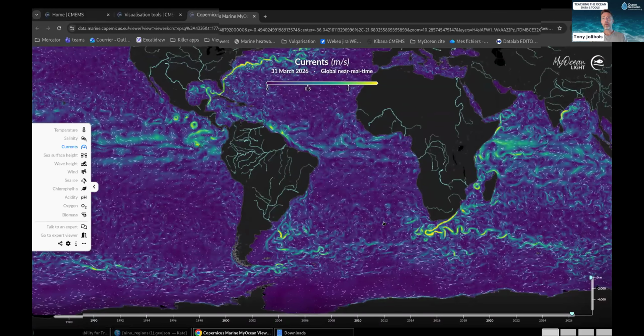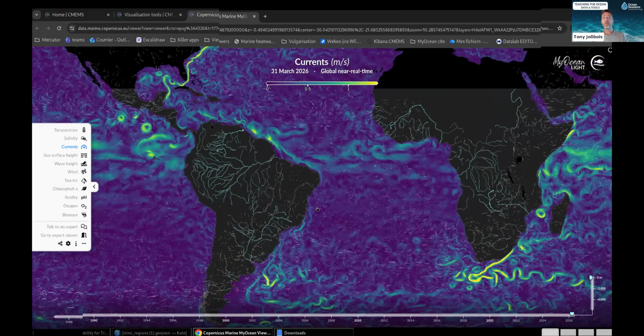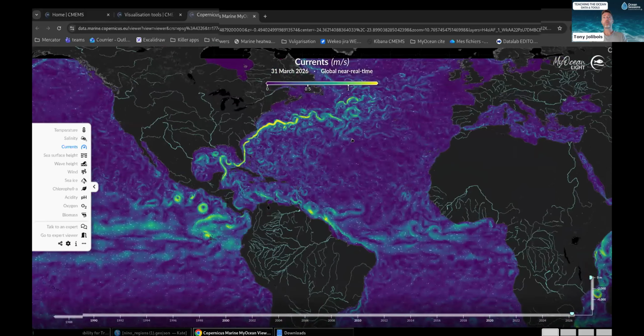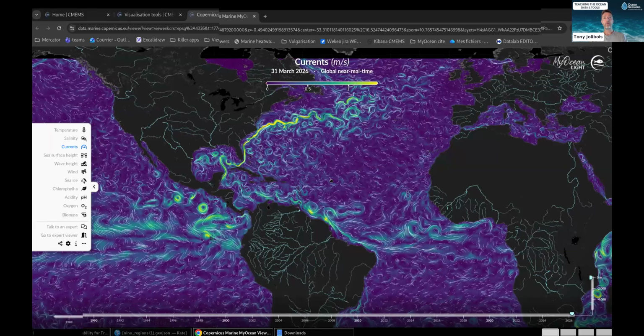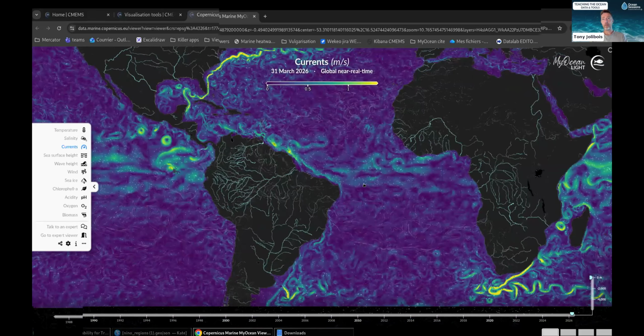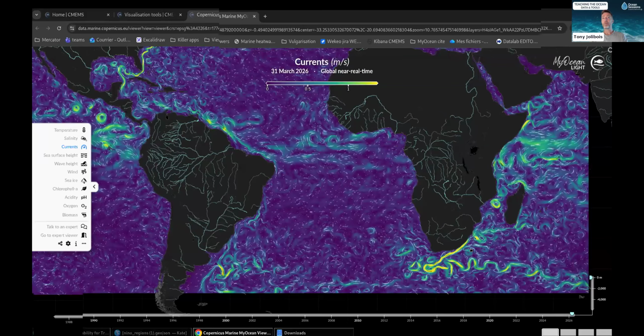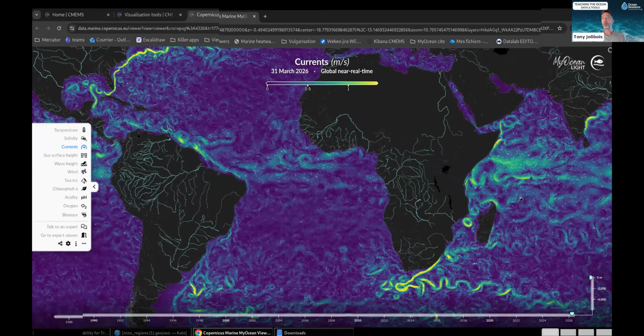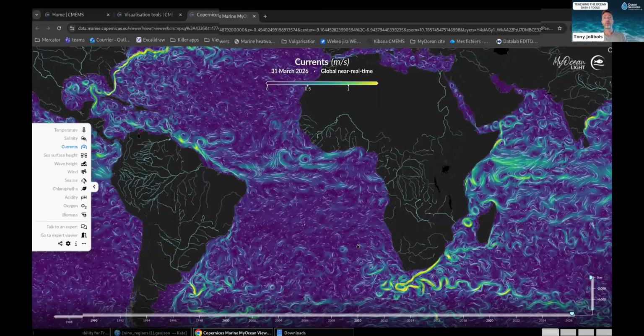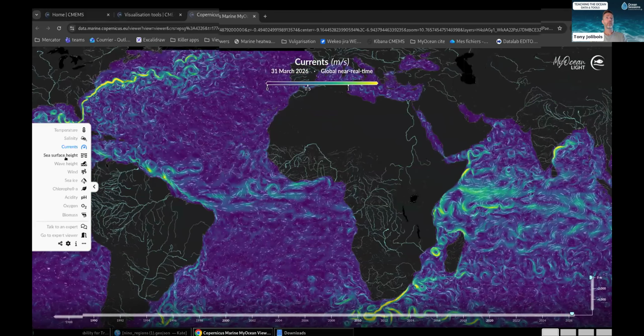You can also see all the famous currents of the ocean, the Gulf Stream here, the famous current in South Africa here, the Agulhas current, and so on.